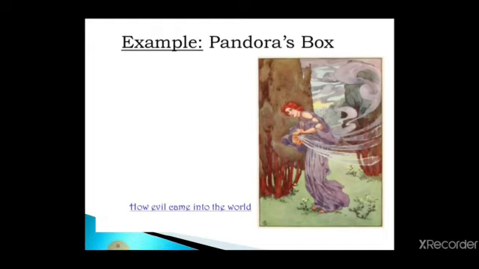Do you remember Pandora's box? You can go back to the Harder book and read the text of Pandora's box, and you will recognize that when the box of Pandora was opened, evil came into the world. So here it's not a real character. This is exactly the myth.